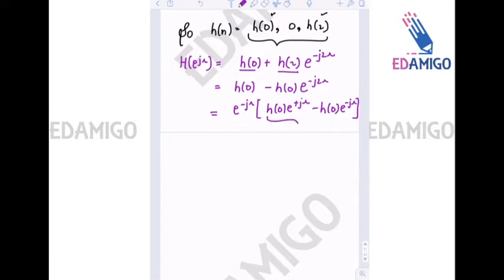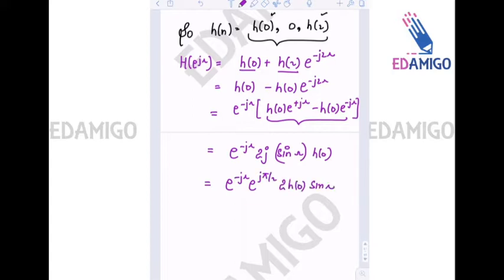Okay, now we can see that this will make a sine term. So e to power minus j sigma 2j sine of sigma whole multiplied by h0. So e to power minus j sigma e to power j pi by 2 times h0 sine of sigma.